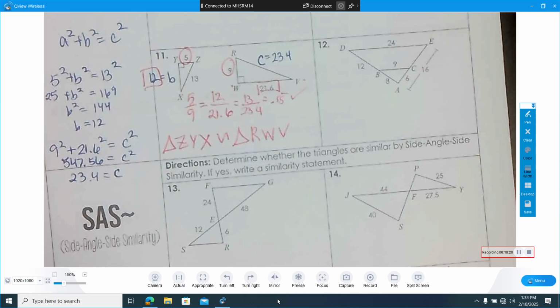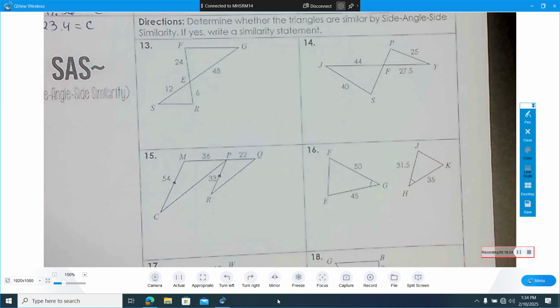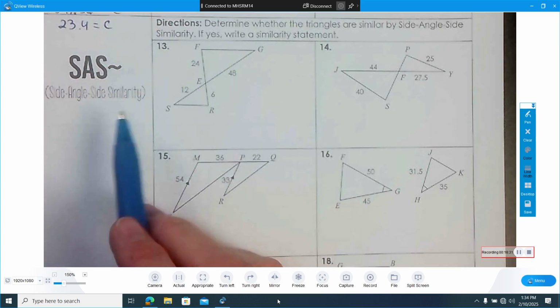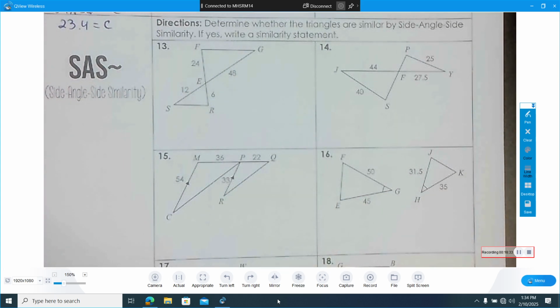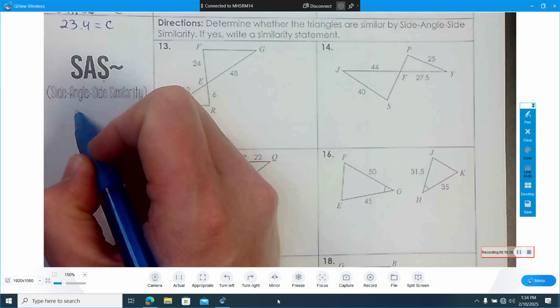All right, questions so far? A couple more here, and then we'll be done. Last one, we have angle-angle similarity, side-side-side similarity, and side-angle-side similarity.